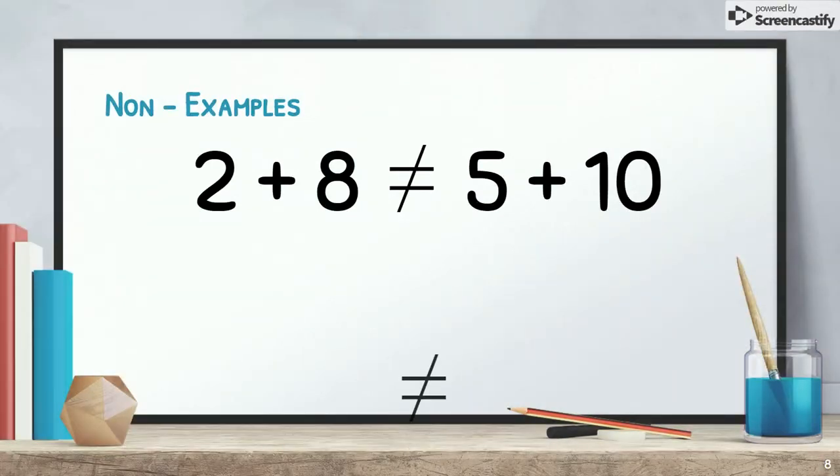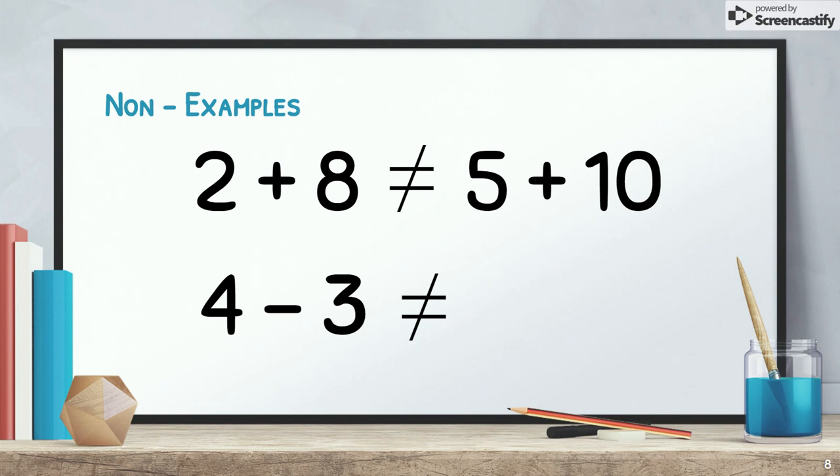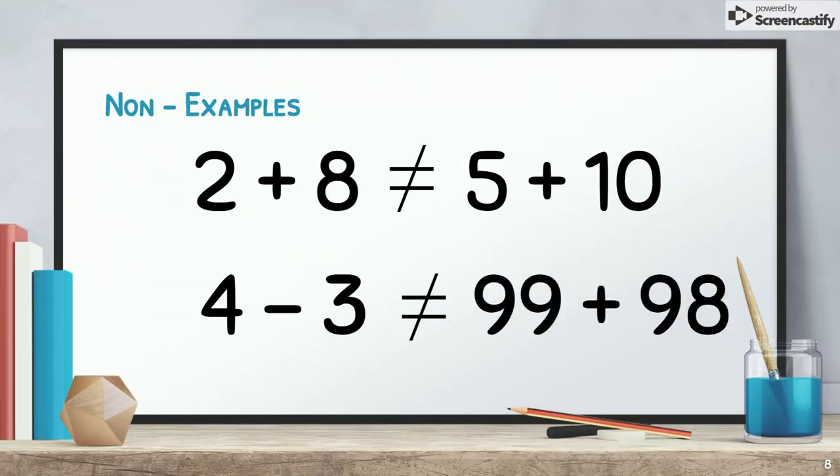Try one more before we go into our practice. 4 minus 3. We know from our previous example that 4 minus 3 is 1. 99 plus 98 is not 1. And as a matter of fact, it is very far from 1, as you guys can see. Therefore, it's very obvious that these two expressions are not equivalent. You shouldn't even need to do the mental math to notice that.